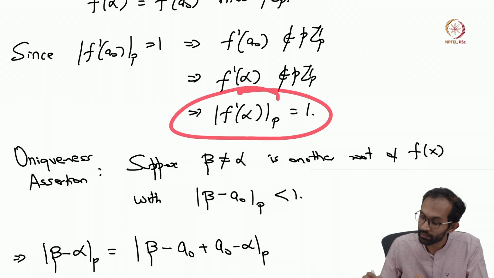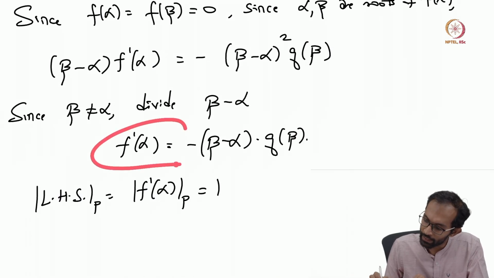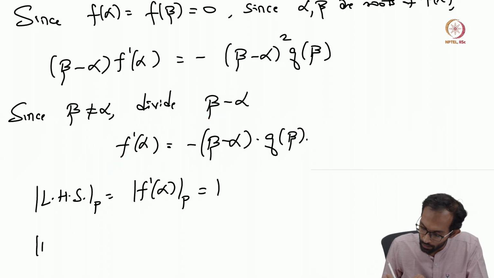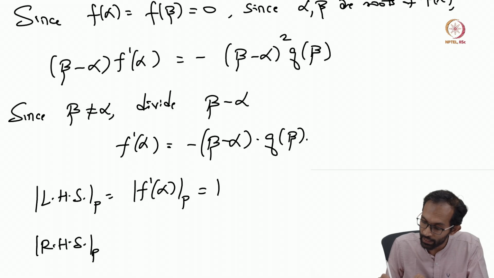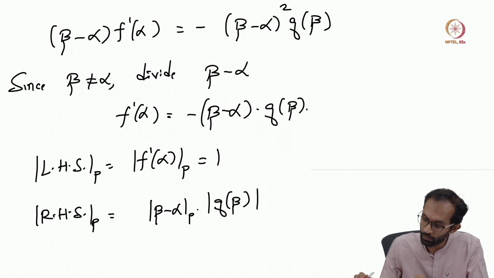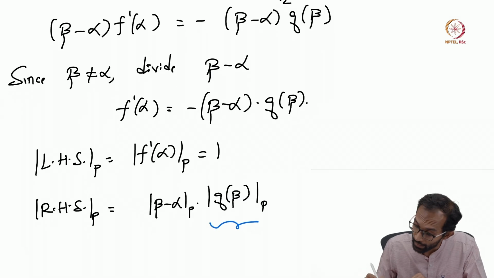So using this fact, we see that the p-adic absolute value of the left hand side equals 1. But if you compute the p-adic absolute value of the right hand side, you get beta minus alpha times g of beta. And again, since g of x is a polynomial in one variable over Z_p, if you evaluate it at beta, which is in Z_p, the p-adic absolute value is less than or equal to 1.